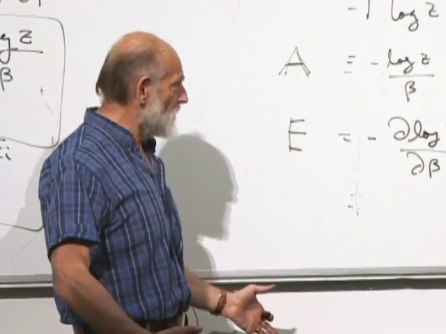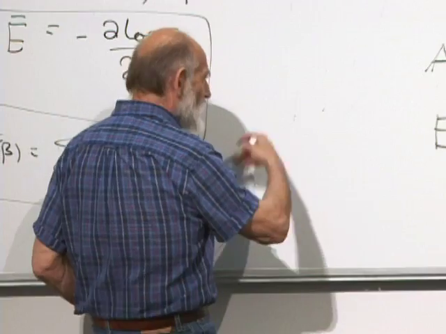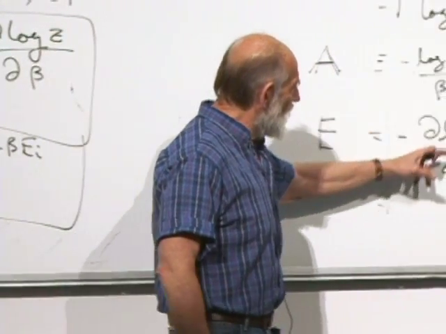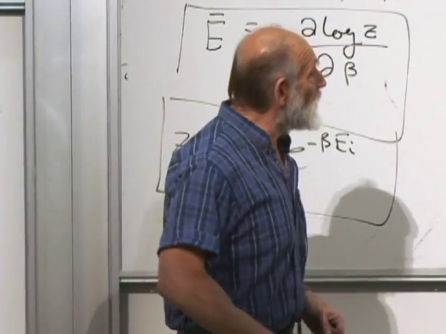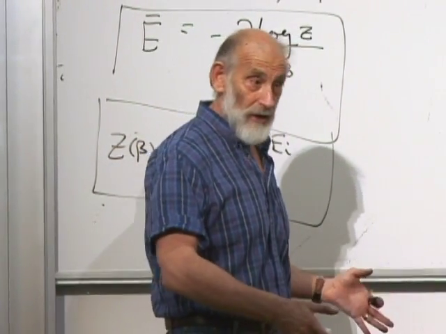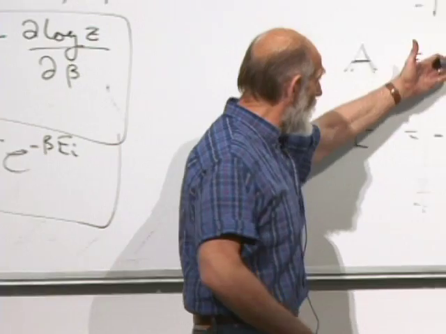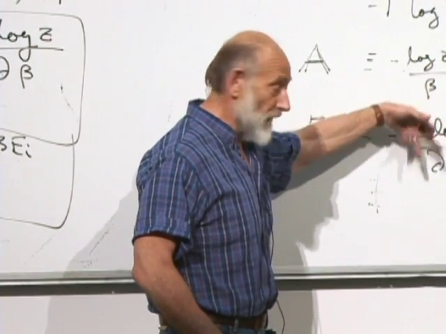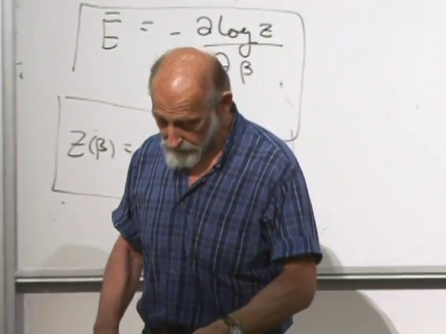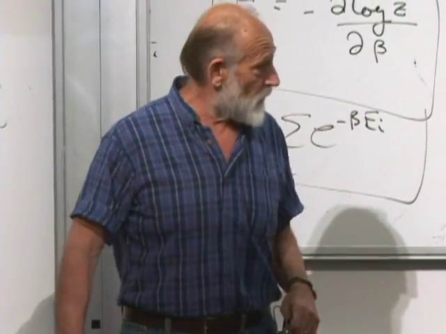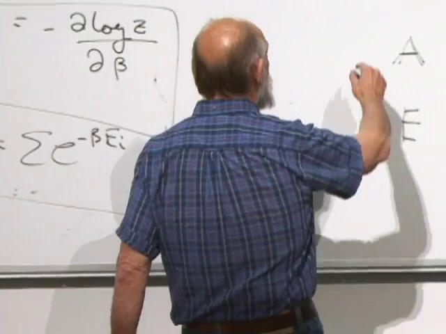They're not the same thing. If the logarithm of Z was a straight line as a function of beta, which it is in general not, then they would be the same. But of course, they're not. It's not a straight line in general.